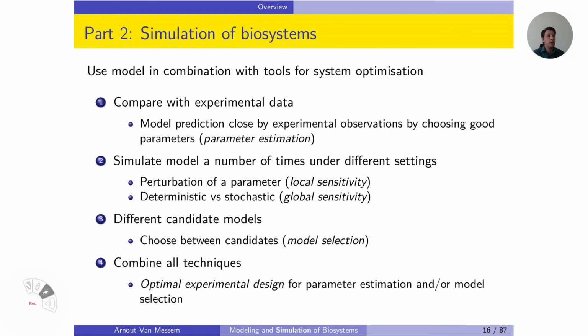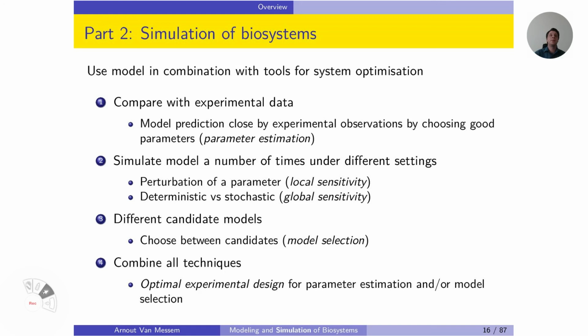So what we will do in this part, in the simulation of biosystems: part 1 was the creation of the mathematical model, another course. Part 2, simulation of biosystems. We will compare with the experimental data, so we will make a parameter estimation. So we want to see what are the best values for the parameters. Then we will look at simulating the model a number of times under different settings to see what happens if you perturb a parameter, local sensitivity.